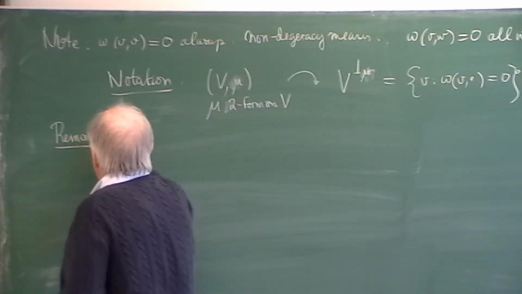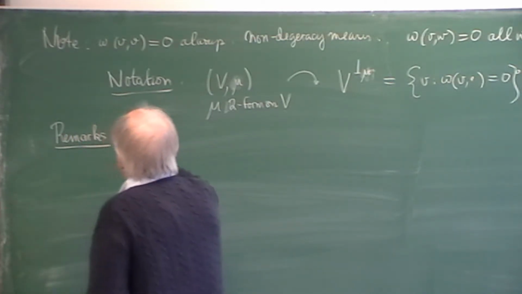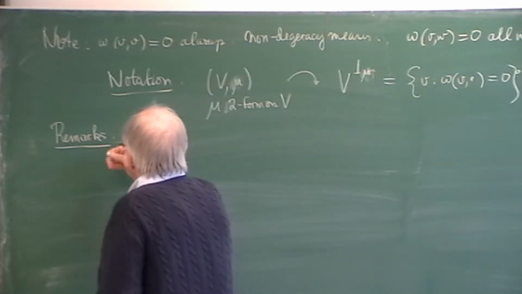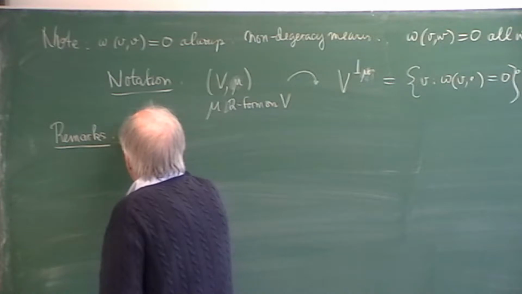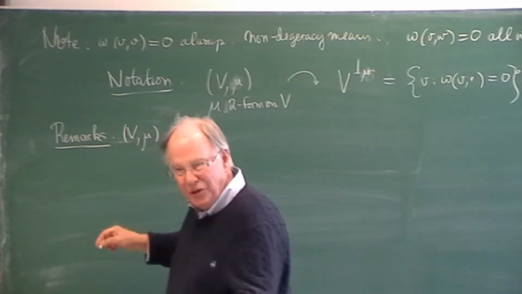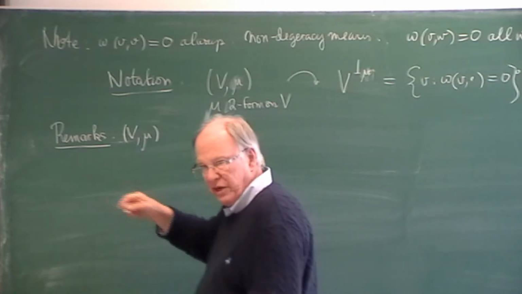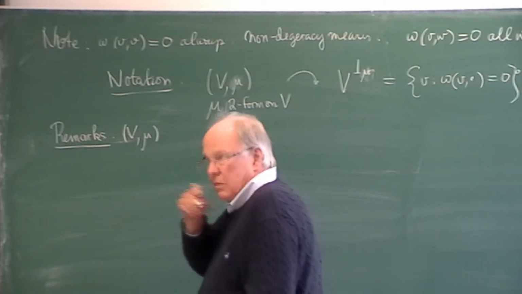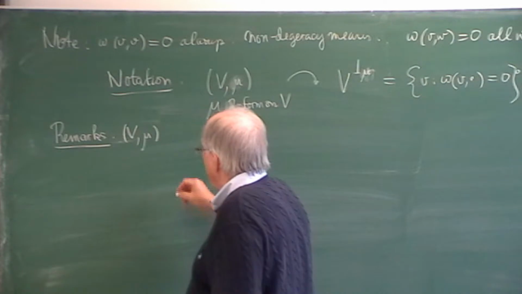Remarks. Let's use mu, I'll stay with mu here in general. This is a two-form on a vector space.